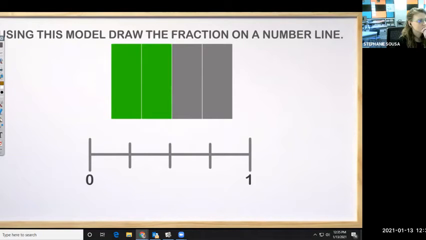We start counting 1, 2. We now have reached the 2 on the number line. The fraction is 2/4. We have shown where 2/4 is on a number line. Great job! Another cool fact is you can notice that 2/4 is halfway between 0 and 1, which tells us 2/4 is the same as 1/2. Awesome!